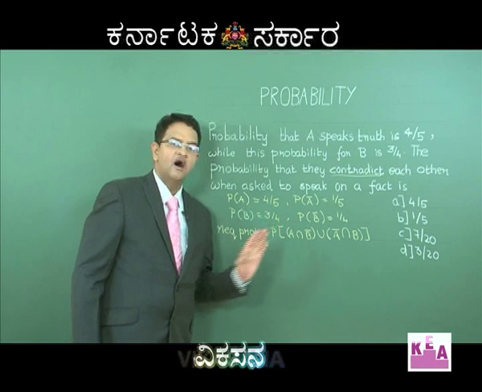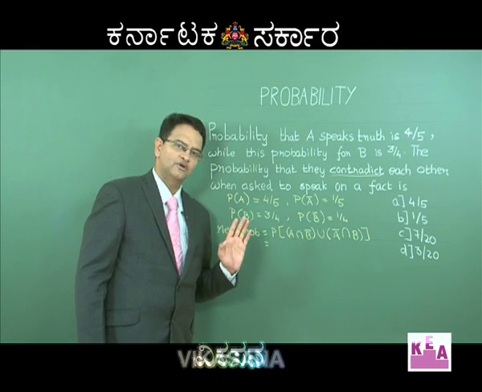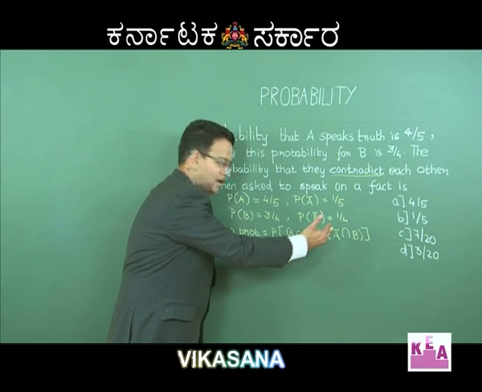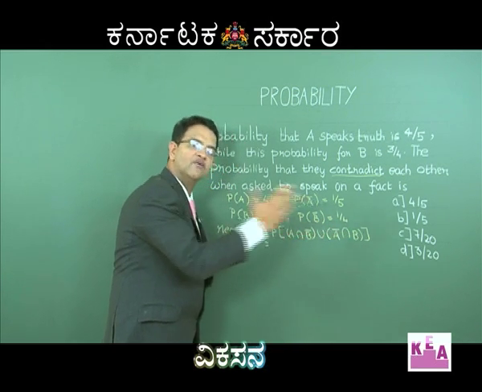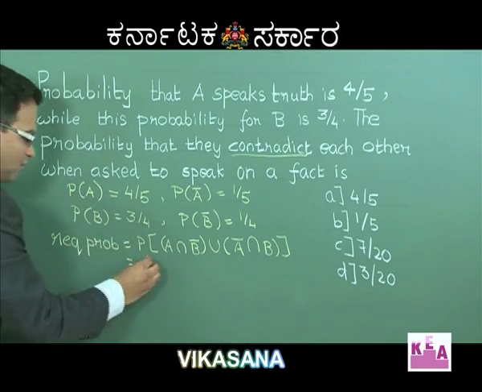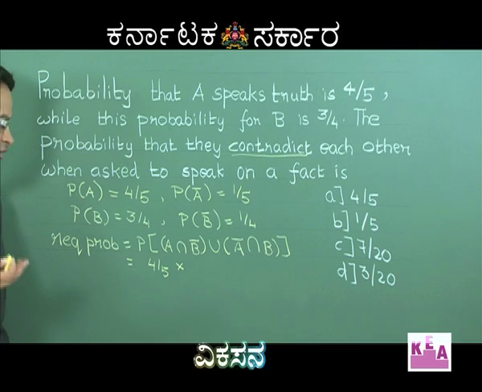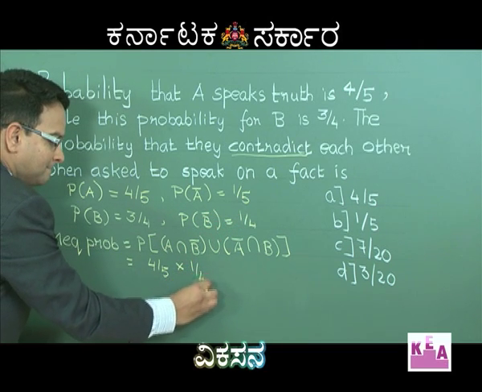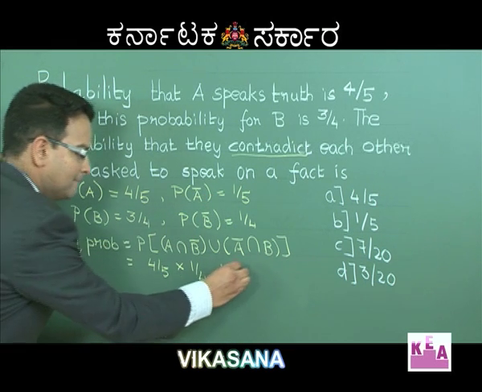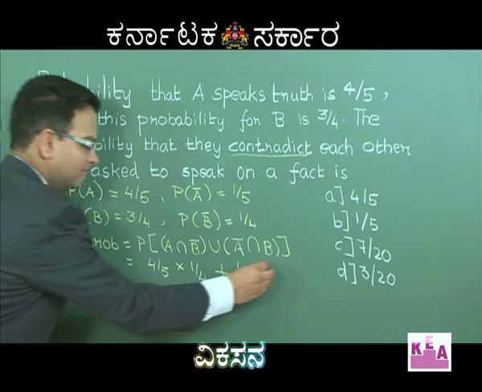Now these two events are totally independent, right? So that means P of A intersection B bar is simply going to be P of A into P of B bar. Similarly, P of A bar intersection B is going to be P of A bar into P of B. Therefore, P of A, that means probability that A speaks the truth, which is 4 by 5, and B does not speak the truth, that means 1 by 4, plus A does not speak the truth, which is 1 by 5, and B speaks the truth, which is 3 by 4.